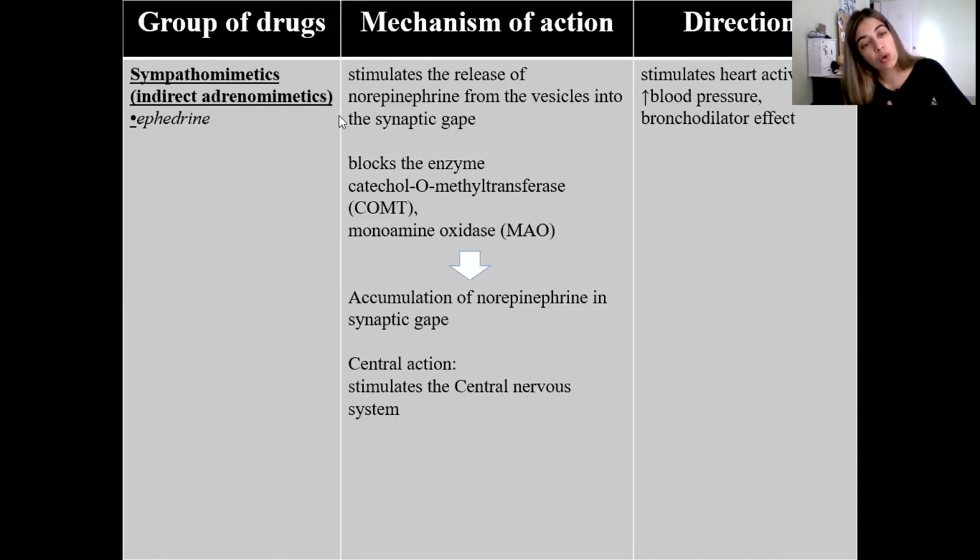That's why we should block the enzymes and prevent the destruction of our norepinephrine. So it helps us to accumulate norepinephrine in the synaptic gap, and finally it will stimulate the CNS, stimulate the constriction of the blood vessels, and so on. What do I mean by so on? Stimulate the heart activity and dilate the bronchi.